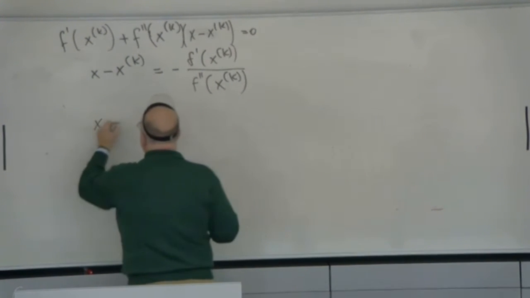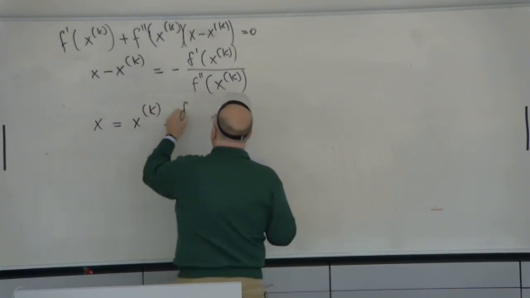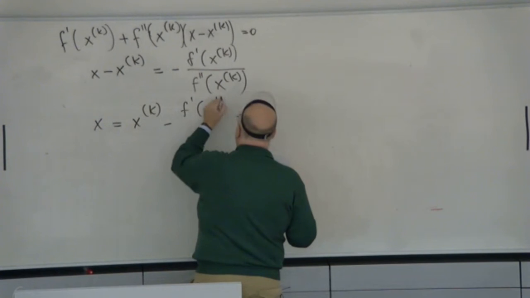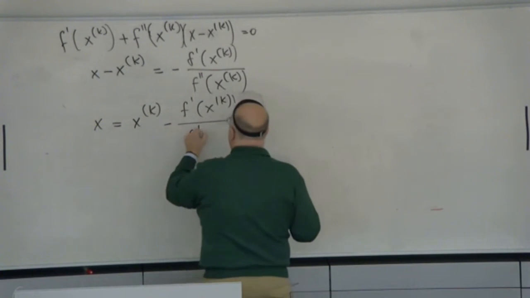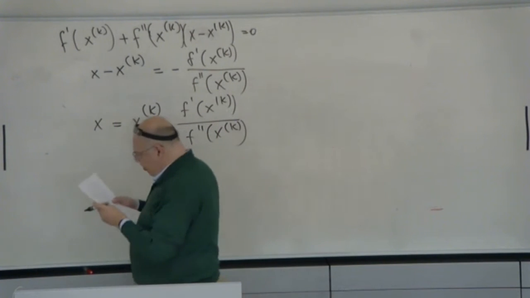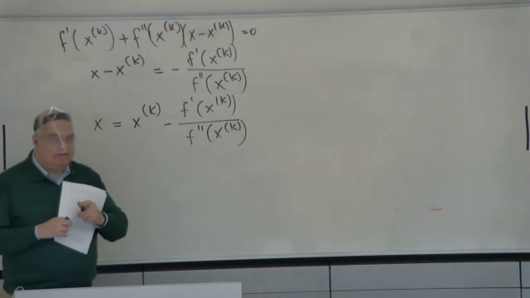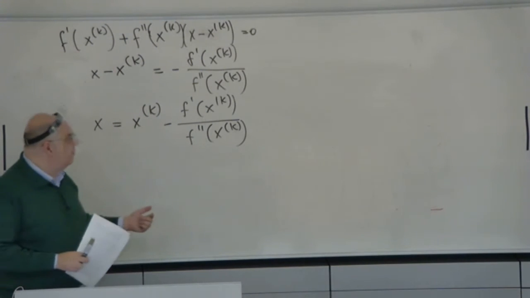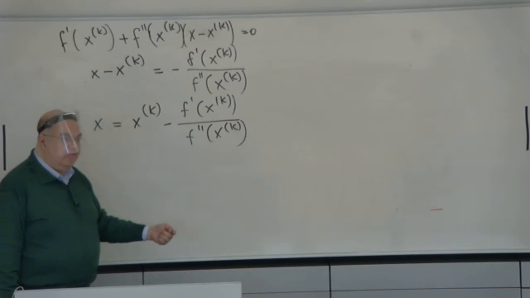And so x equals xk minus f prime at xk over the second derivative at xk. And this is Newton's method for finding the next step in the algorithm.